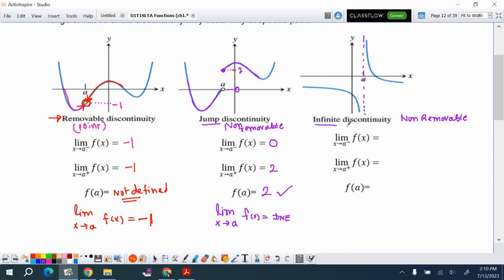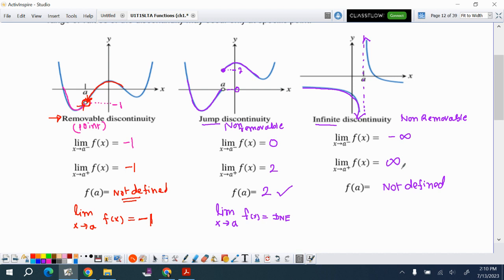So here, this kind, let's understand again. X approaches a from the left. I'm coming closer and closer from the left. Where am I going? Negative infinity. X approaches a from the right side, where you are going, infinity. Is function value defined? Not defined. You can also write does not exist here, not defined.